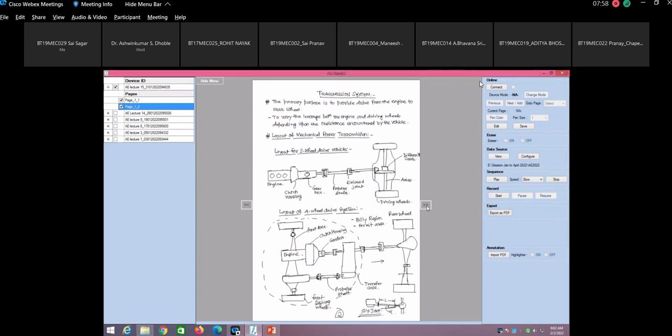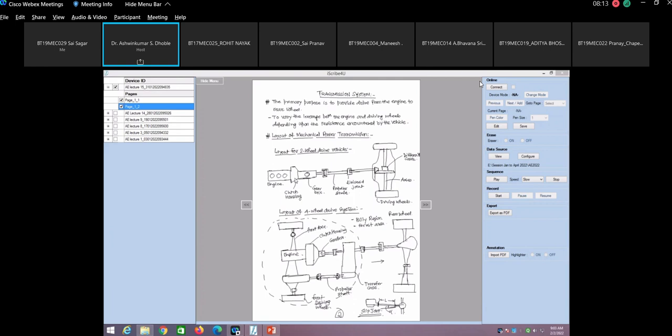So in the last class, we started with the discussion on the transmission system, wherein we have seen the layout of two-wheel drive and the four-wheel drive.